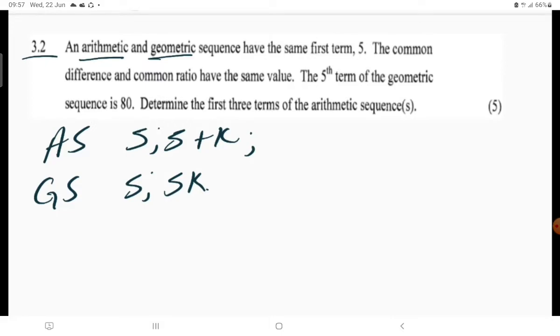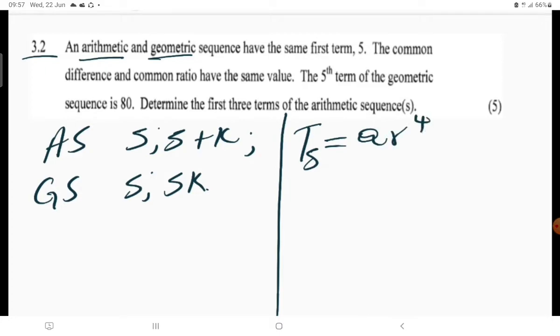Now coming to the next statement, it says the fifth term of the geometric sequence is equal to 80. So when you are writing the fifth term, we know that T5 in a geometric sequence is represented by AR to the power of 5 minus 1, which is just 4.